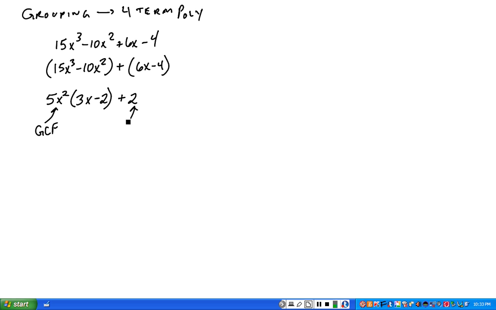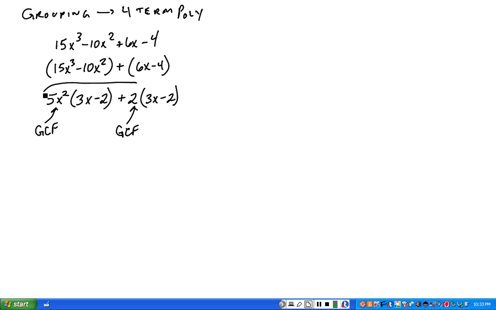Now 2 is going to be my GCF here. When I pull out a 2, 6 divided by 2 is 3. I'm left with this x right here because I don't have any x's in the 4. Write my minus sign, and 4 divided by 2 is 2. Okay, so now I have that. Well, guess what?